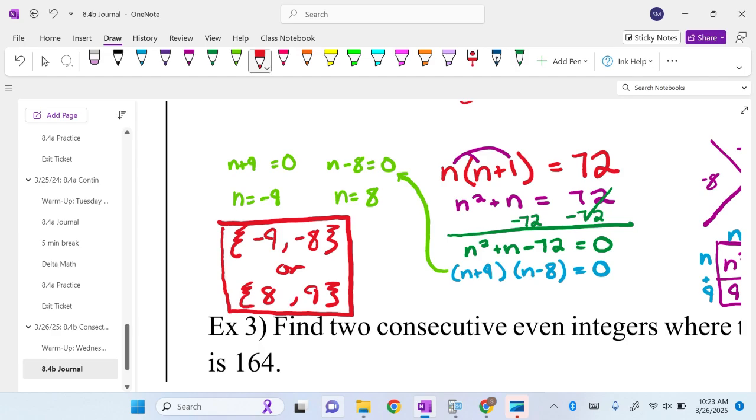That negative is still part of it. But negative 9 and 8 are not consecutive integers. Because is it true that negative 9 is right next to 8 on a number line? So if I drew a number line, is negative 9 directly next to 8? No. There's about 17 units of distance between the two.